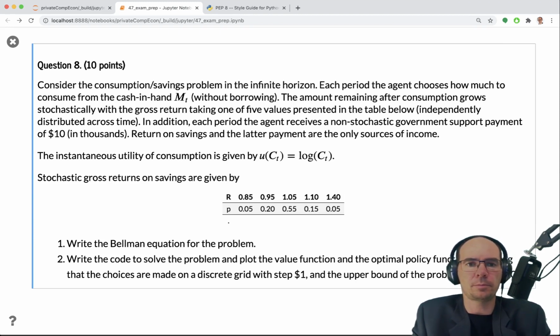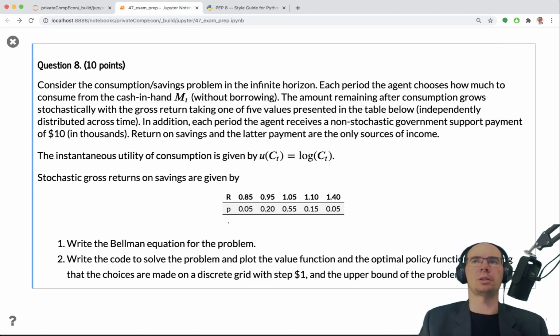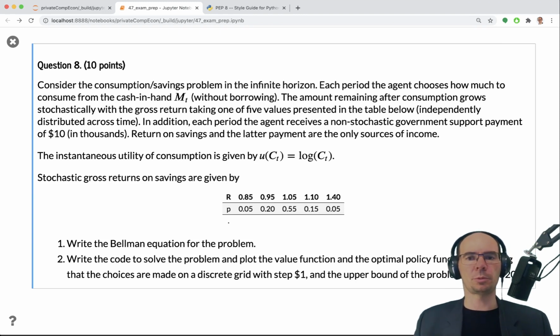In addition, each period the agent receives a non-stochastic governmental support payment of $10,000. Okay, so income is deterministic. That's different from what we had in the lectures, but the structure of the solution and all of the code with the model should be the same. Although now it's return which is stochastic.